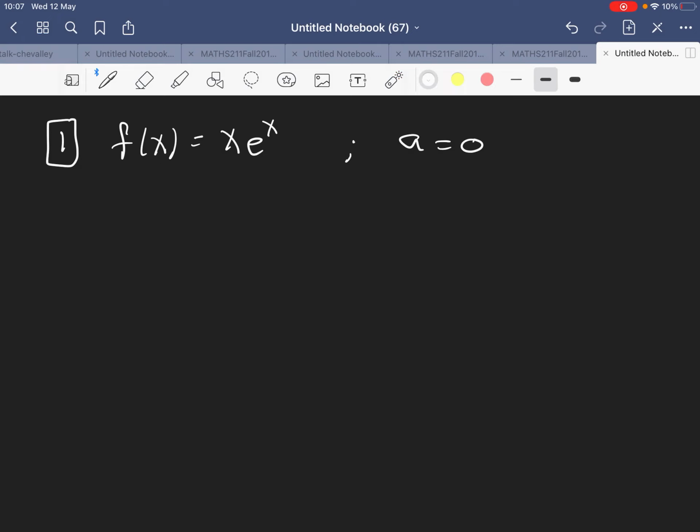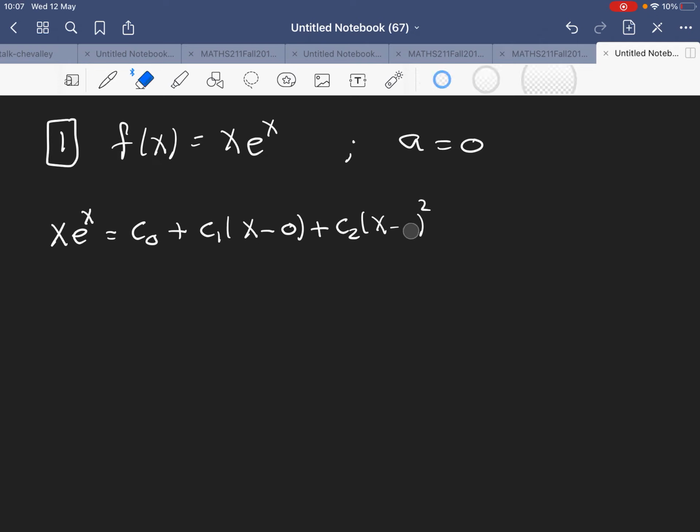Okay, so how do we do this? The best way is to make a table. First of all, what I want is c0 plus c1 (x minus a), which is x minus 0, plus c2 (x minus a) squared, which is again x minus 0, plus c3 (x minus 0) cubed, c4 (x minus 0) to the fourth, and so on.